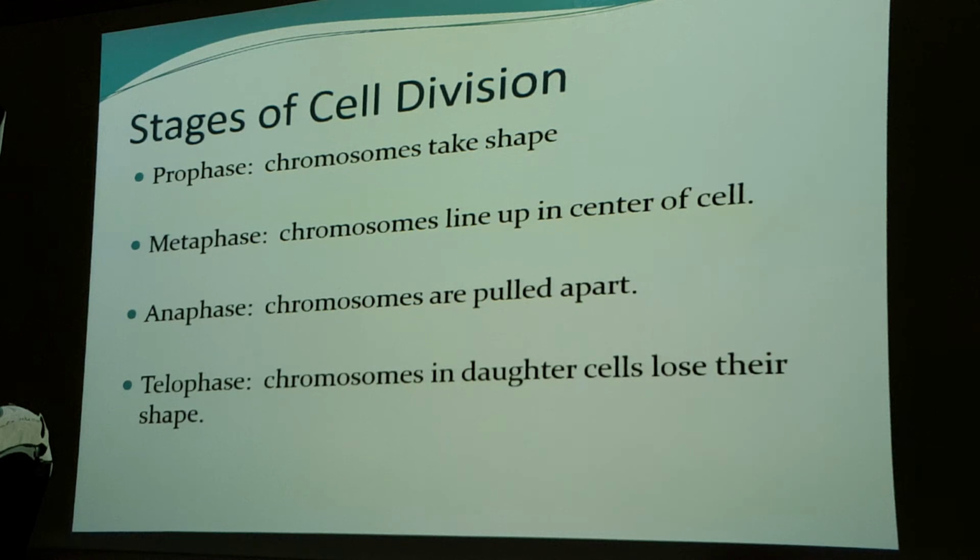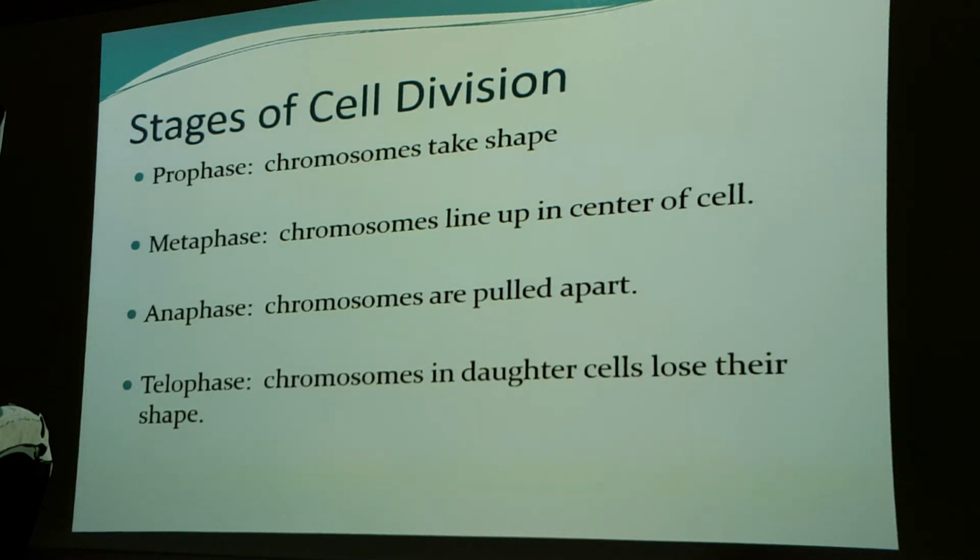So when we think of the stages of cell division, we think of the stages of divvying up the genetic material. You want the proper genetic material to go to the 2 daughter cells. You want it to be split equally, so that each daughter cell gets the number of copies that it needs to have of the gene for each trait.